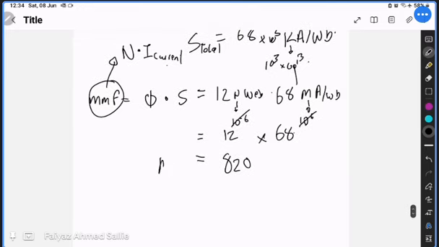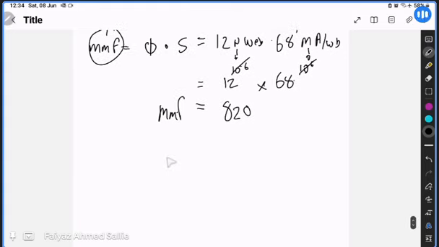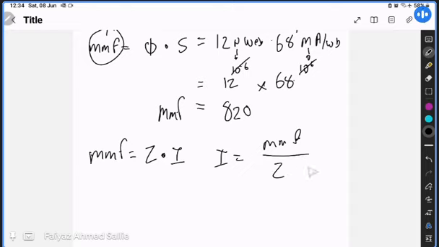The magnetic motive force, and we need to find the current. So magnetic motive force is equal to the number of windings multiplied by the current. So current is equal to the magnetic motive force divided by the number of windings.